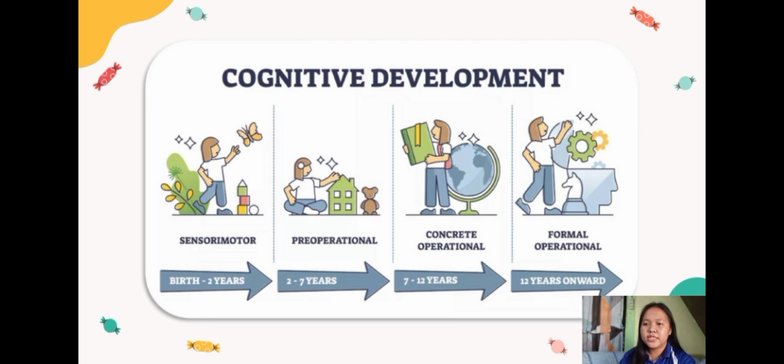One example of this is inductive reasoning, which means that if we see someone eating a cookie, we can draw a conclusion and then make a generalization, and we now get the concept of conservation. We understand that if we pour orange juice from a normal glass to a taller one, the amount stays the same. We can now understand that if 3 plus 5 is equal to 8, then 8 minus 3 must equal 5.